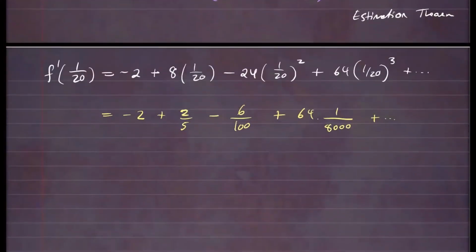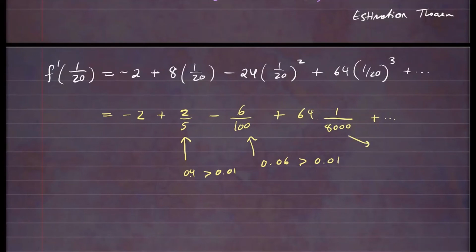So if you take a look at this one right here, this is about 0.4. So that's definitely greater than 0.01. This one right here is about 0.06, which is greater than 0.01.